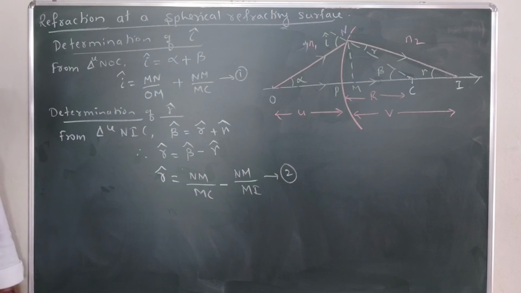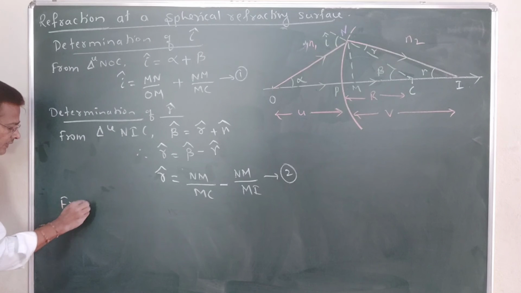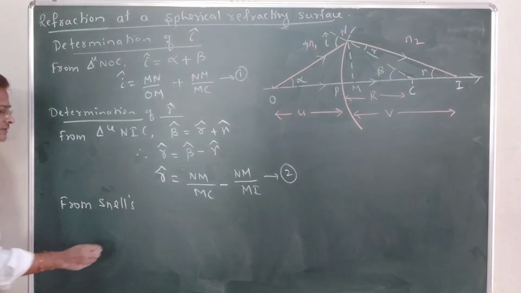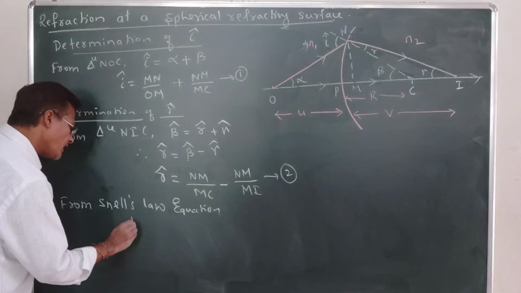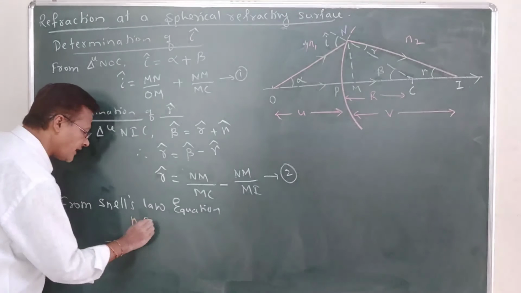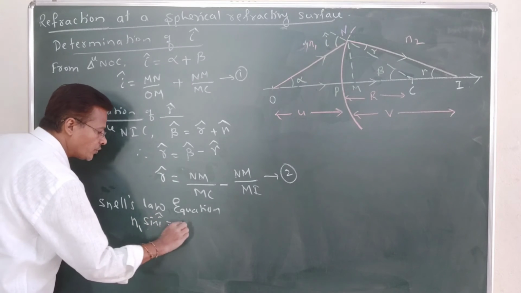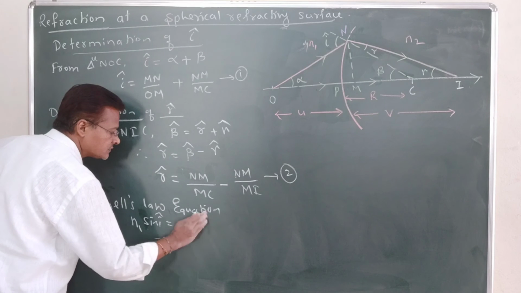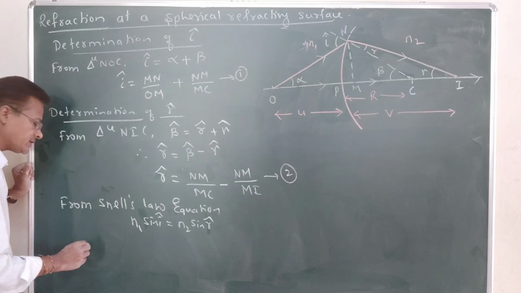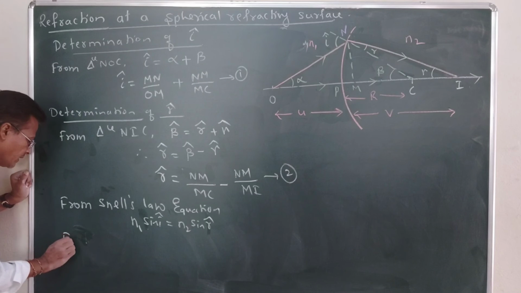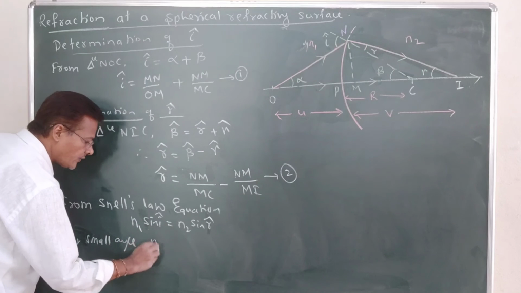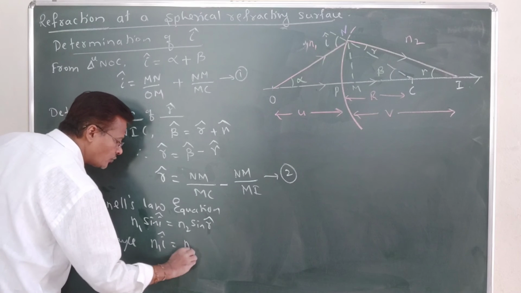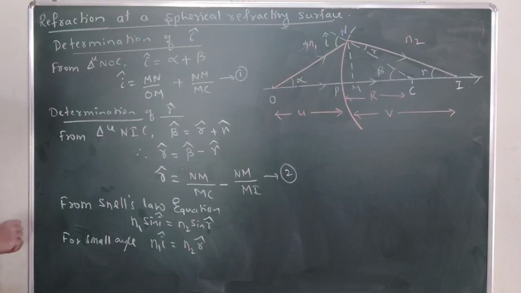Now we are using Snell's law. Snell's law equation is N1 sin I equal to N2 sin R. For small angles, as already informed, sin I is nearly equal to I only, so N1 I equals N2 R. Now we will substitute the values.